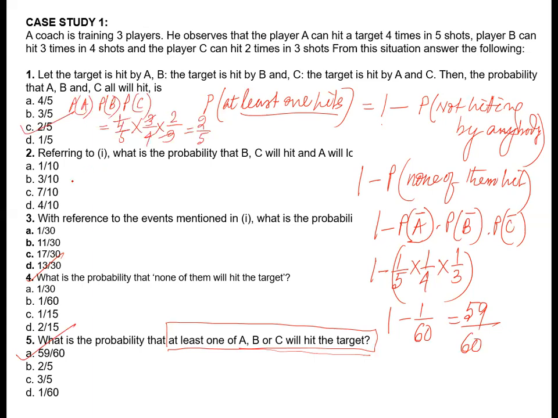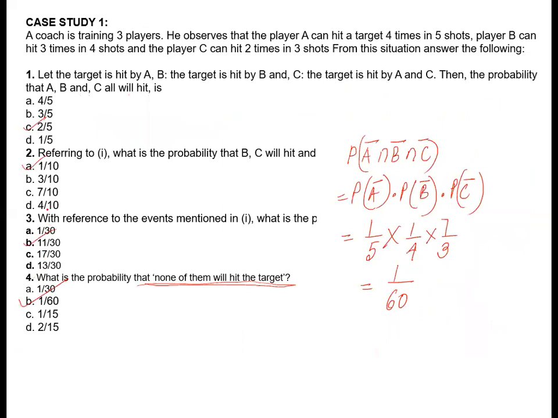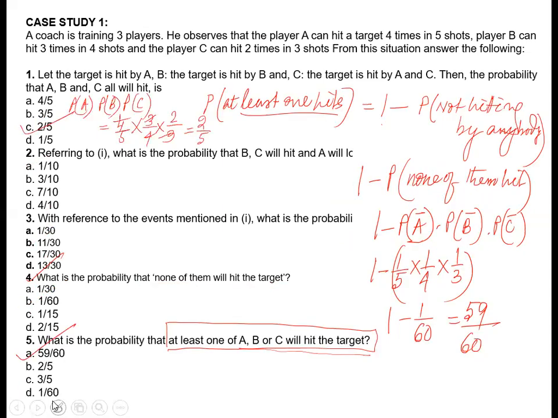Then we calculated this part. Let me check the answer. Answer was A, 1 by 10. Then it was 11 by 30. Then it was 1 by 60. Then now it is 59 by 60.